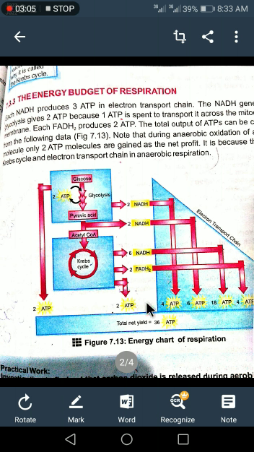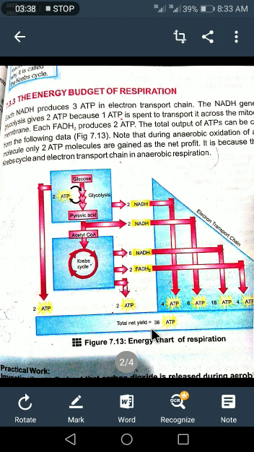In this way, 2 ATP are produced over here and 2 ATP are produced in the Krebs cycle. In this way, the total ATP produced from one glucose molecule is 38, but 2 are used to transport it across the mitochondrial membrane, so the net yield is 36.